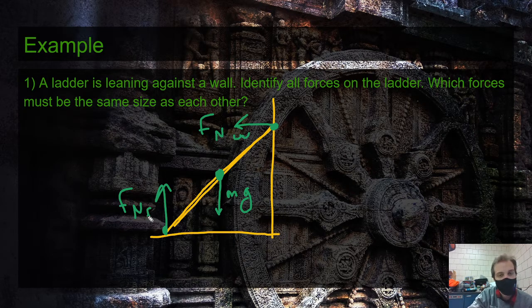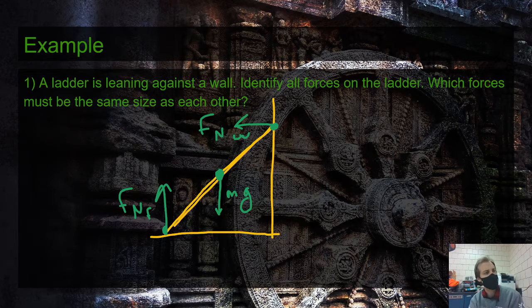All right, 2 more forces. What else is the ladder trying to do? It's not just trying to go through the floor, it's also trying to slide against the floor. So to stop it from sliding, there has to be some friction.